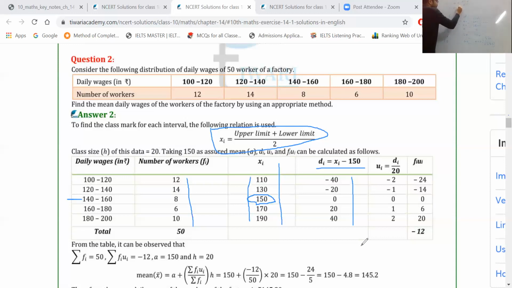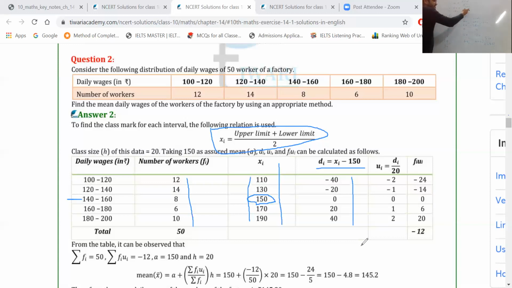So 150 plus minus 240 upon sigma fi. Sigma fi is equal to 50. So upon 50. So 0, 0 cancel. What we are getting over here? 150 minus 24 upon 5.